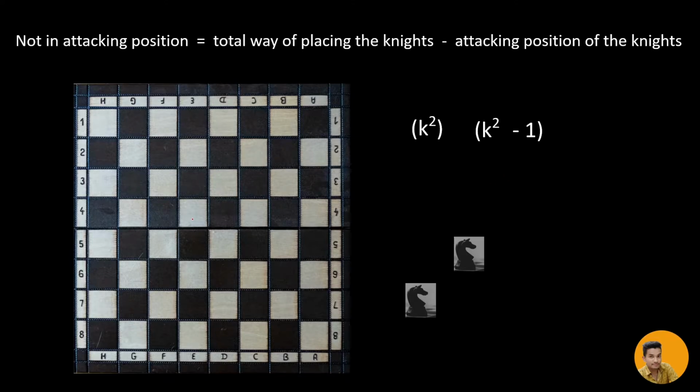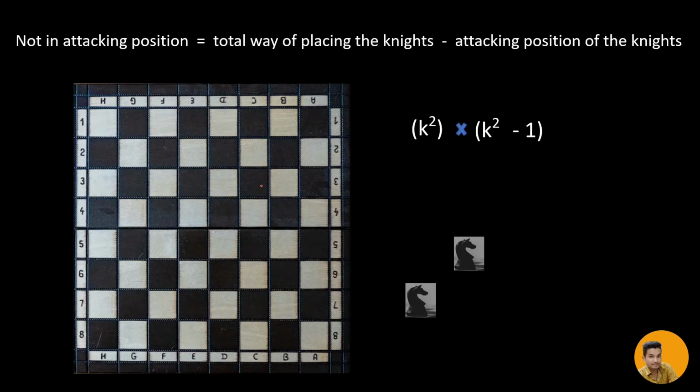Now let's say the first knight is kept here and the second knight is kept here. Since they are identical, and I am emphasizing again, they are identical, any interchange of these won't give any new solution. If we interchange their places, they look the same. So that is not a new solution.